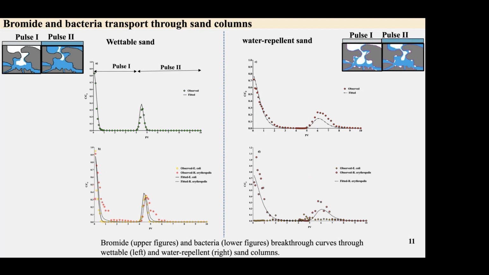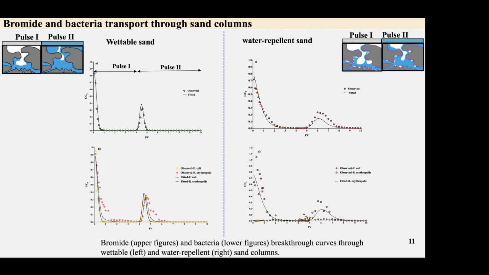E. coli data was nicely captured for both pulses, with behavior very similar to bromide. But Rhodococcus erythropolis, which is hydrophobic bacteria, in comparison to E. coli, which is hydrophilic, shows scattered patterns.